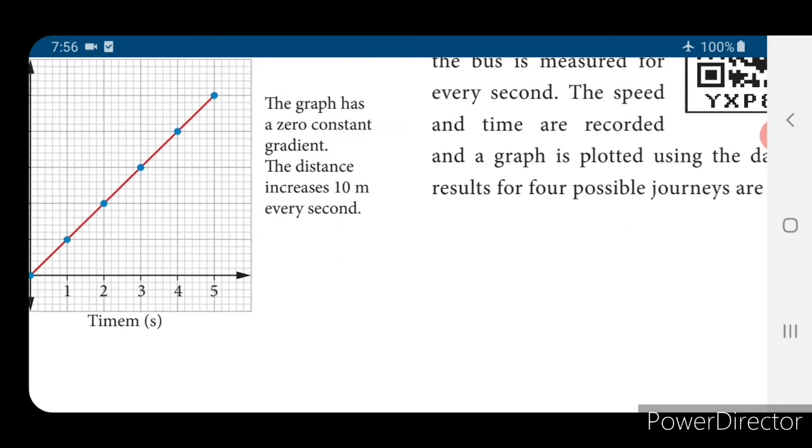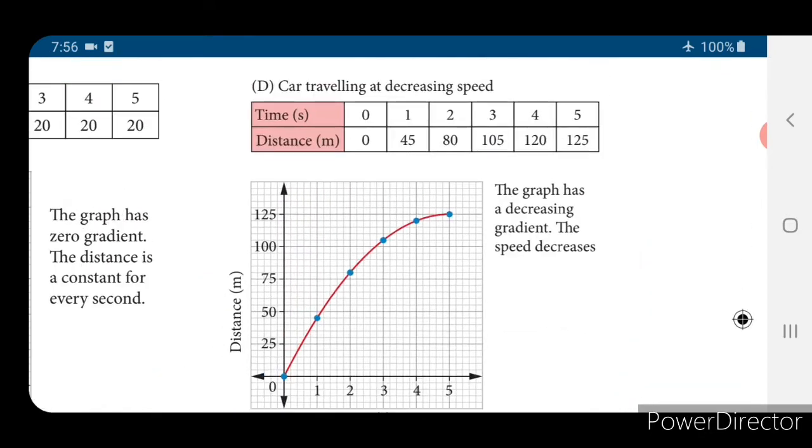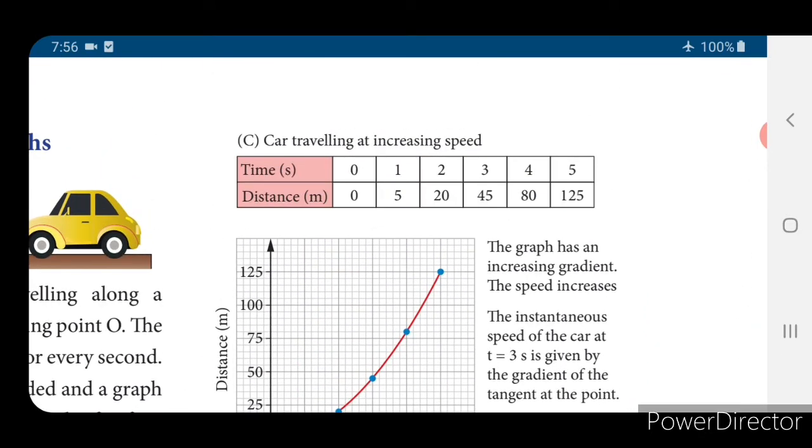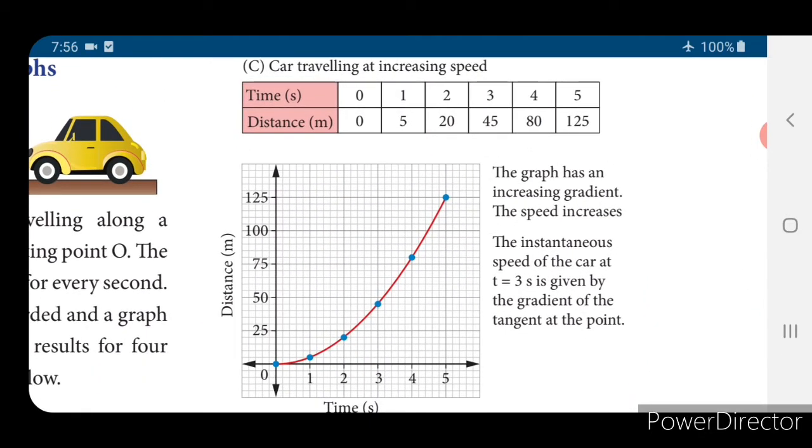The next one, a car traveling at increasing speed. At 0 second the distance is 0. After 1 second it covers only 5 meter. After 2 seconds it covered 20 meter.